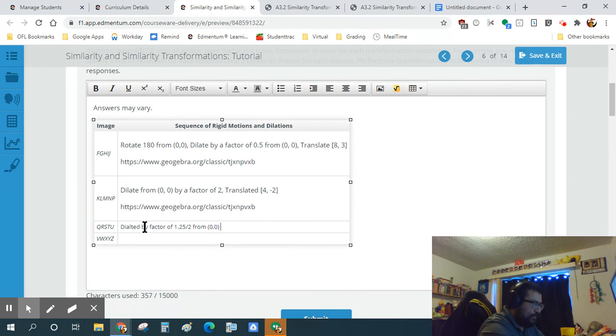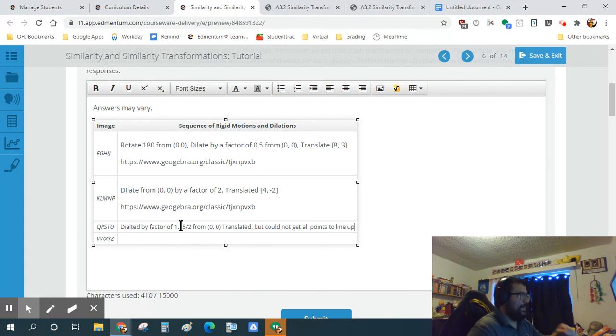So I did that, and I also translated, but could not get all points to line up. And we'll talk about why this happened. So basically, they're just not similar. Dilated. That was weird.